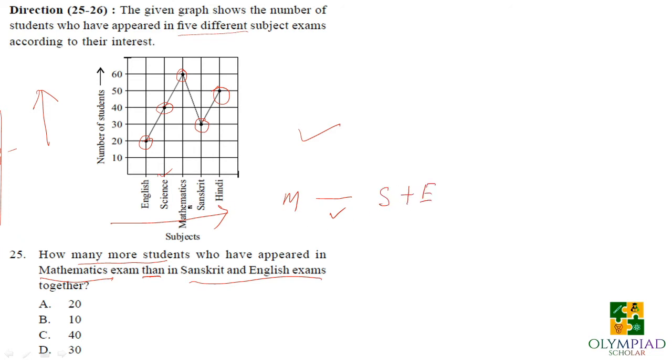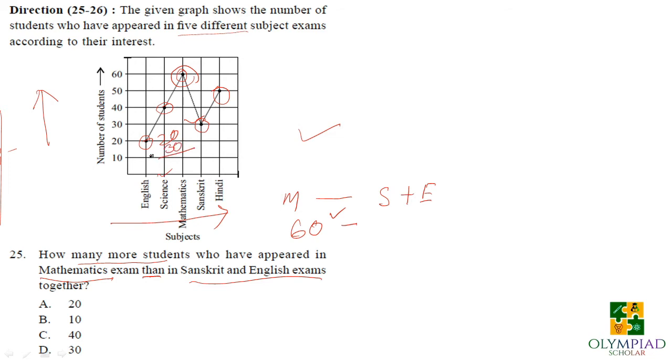As I have already told you, the number of students for mathematics is 60, and you have to subtract Sanskrit plus English. You can see this is English 20, and here Sanskrit is 30.